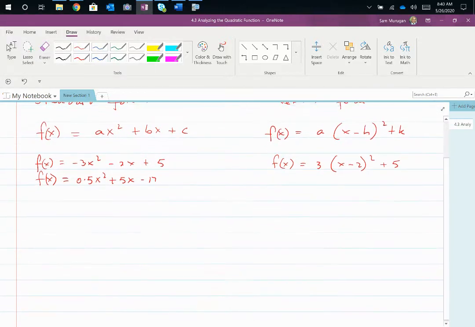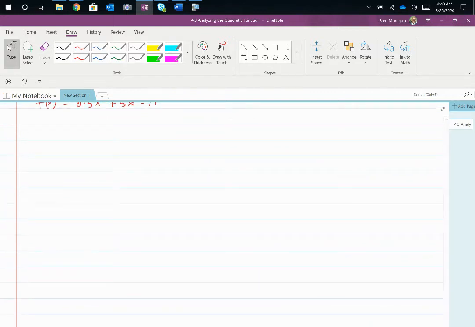Now, let's talk a little bit about the meanings of the words. The vertex is the minimum or maximum point.